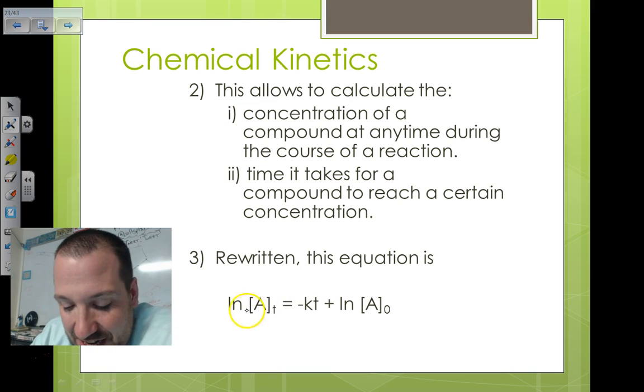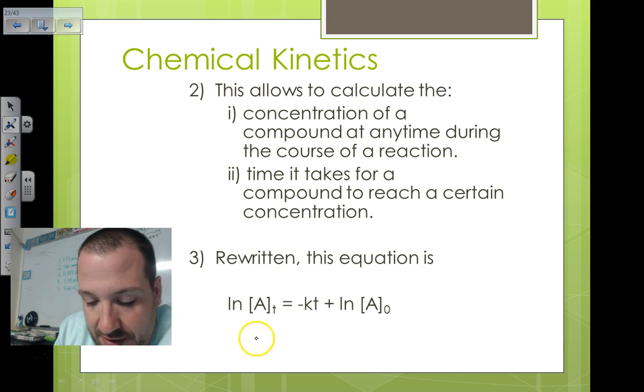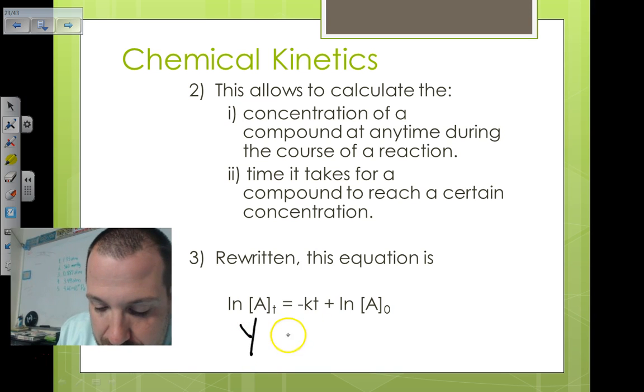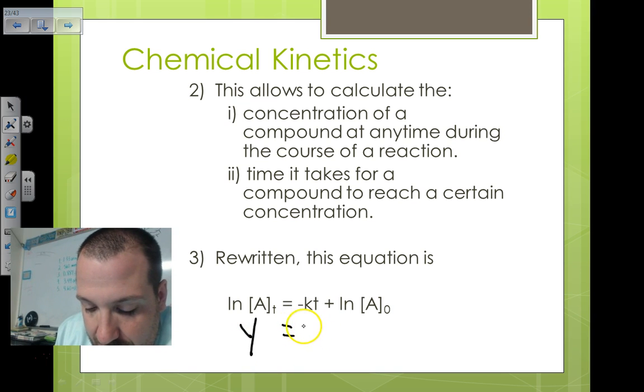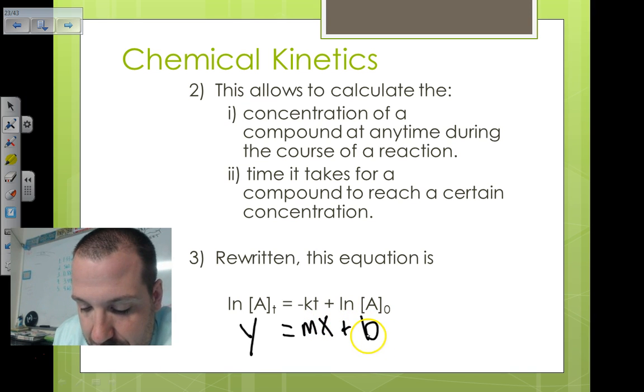Regardless of that, what we did is we just rewrote this formula, and we did it in such a way that it is now in the slope-intercept form, in terms of y equals mx plus b.